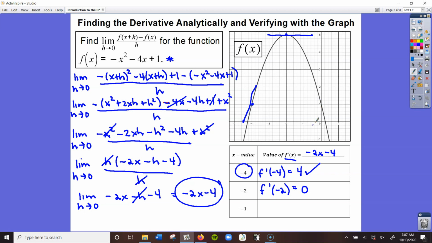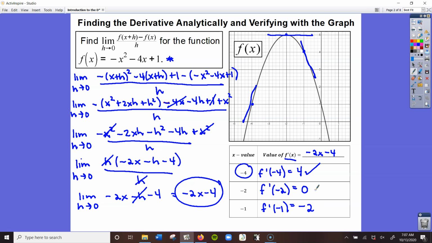And finally, if I plug in negative 1, it's over here. If I were to draw that tangent line, you can see that it is decreasing, so this would be a negative slope. When I plug in -1, I get -2 times -1, which is +2, minus 4 is -2. And so I get that negative slope. So again, all of this checks out.